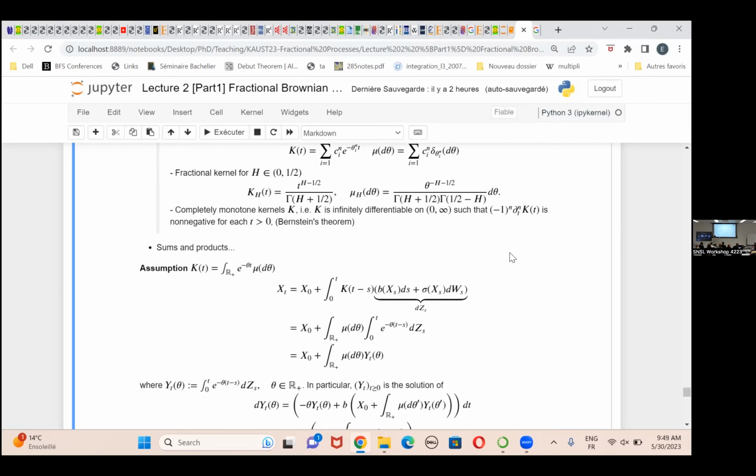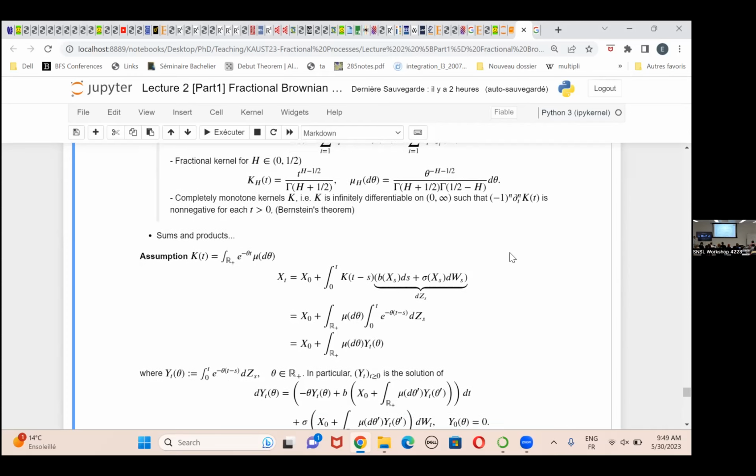So X, you're able to write it as some kind of weighted sum of factors that we call y theta. And what is y theta? By definition, they are defined from X, at least from the dynamics of X, and they have this form. In particular, for fixed theta, you recover here the exponential kernel, so you recover semi-Markov. So for fixed theta, you can write even the dynamics of y.